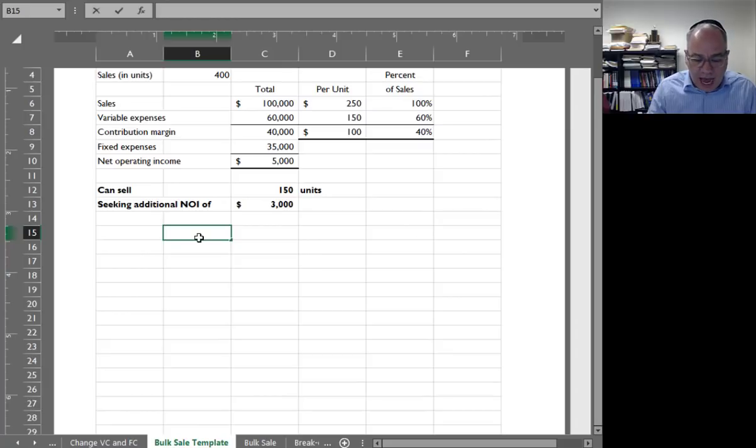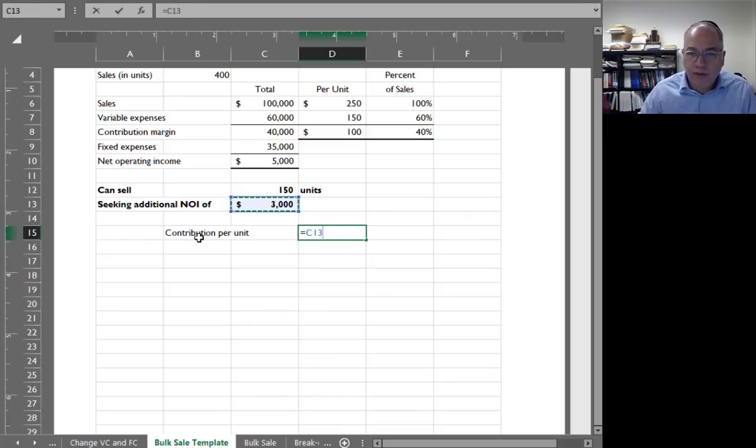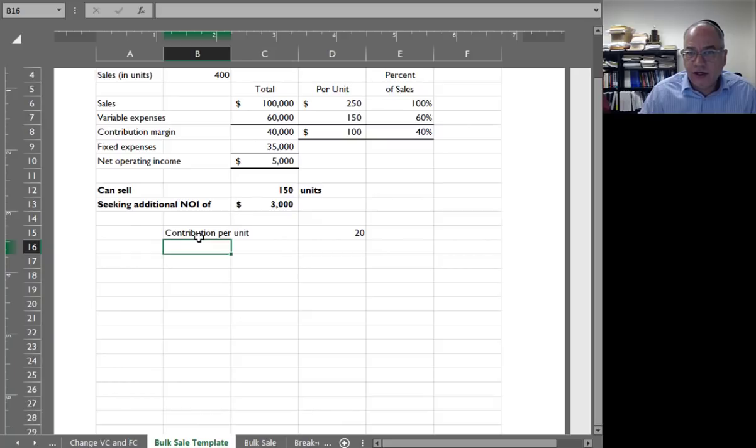So the average contribution margin per unit, and this is on top of everything else you do. So the average contribution margin per unit that you would want would be 3,000 divided by 150 units, or $20 a unit. So how much would you need to set your price at in order to have $20 contribution per unit?